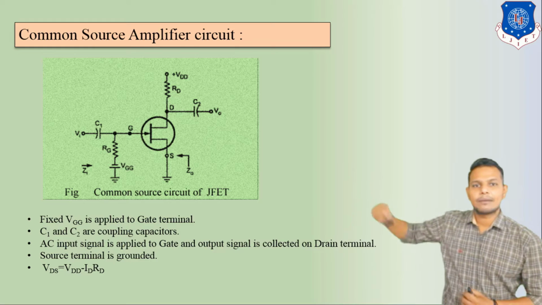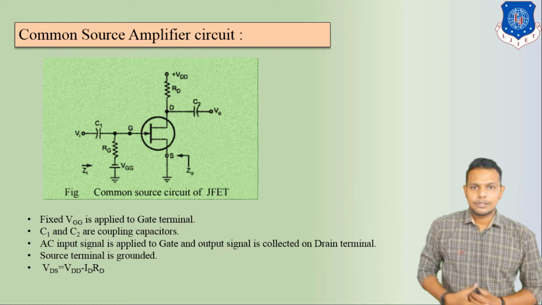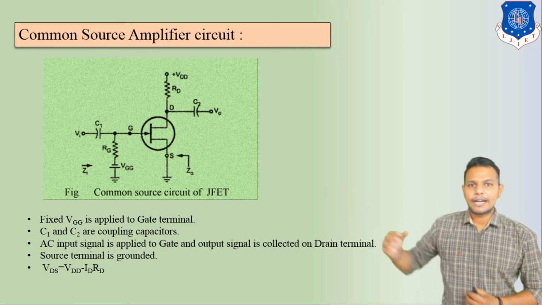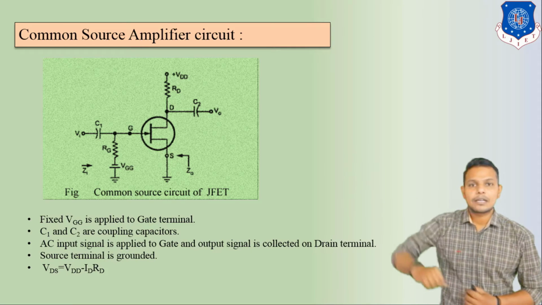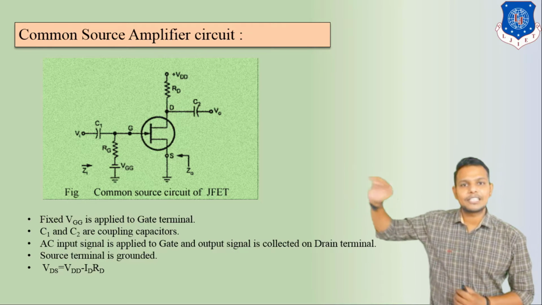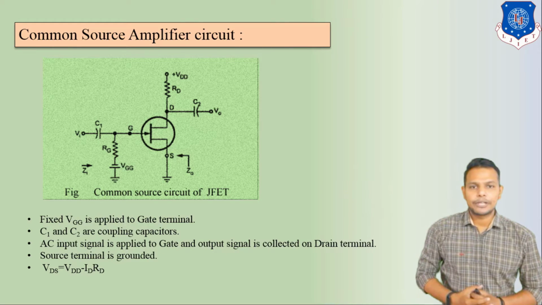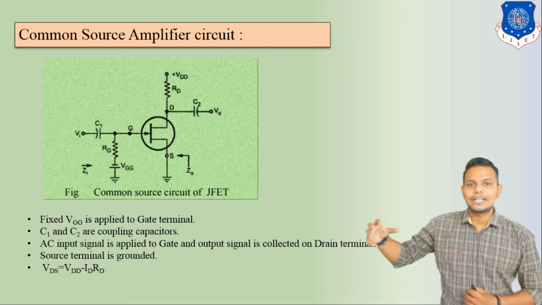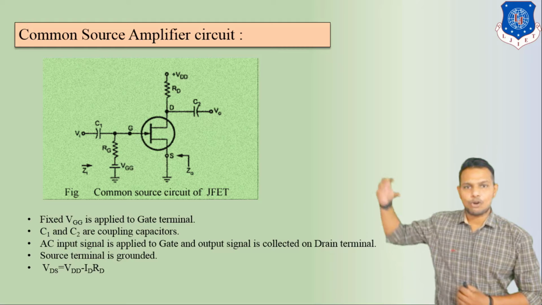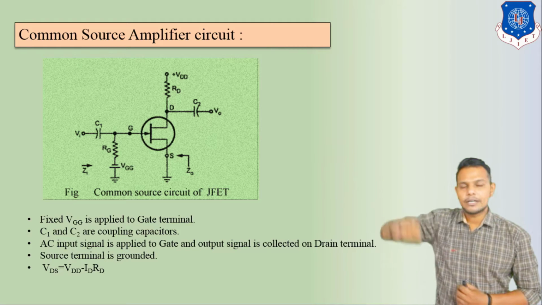In this circuit diagram we can see VGG, which is a fixed voltage at the gate terminal, and C1 and C2, which are known as coupling capacitors. C1 is at the input terminal and C2 is at the output terminal. The AC input signal is applied at the gate terminal and the output signal is collected from the drain terminal.